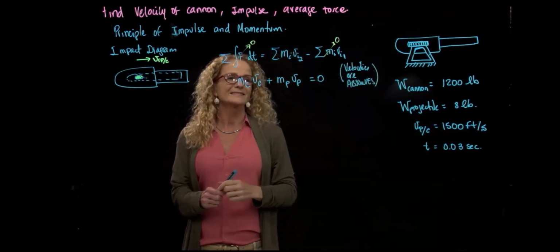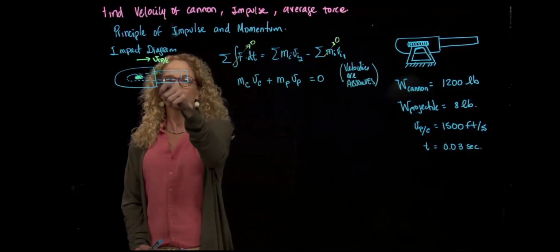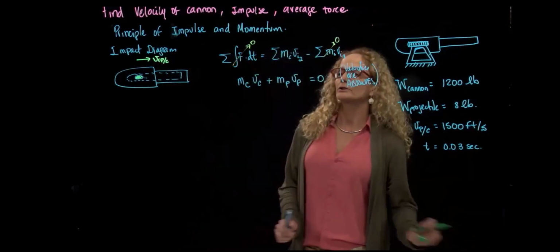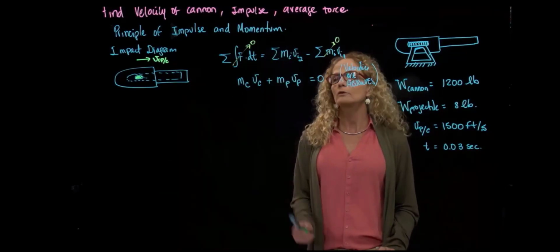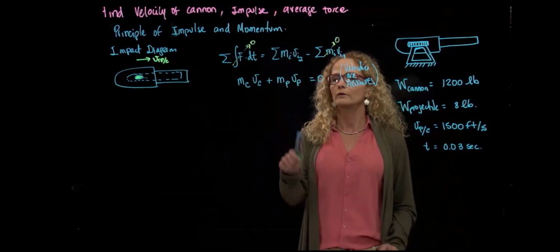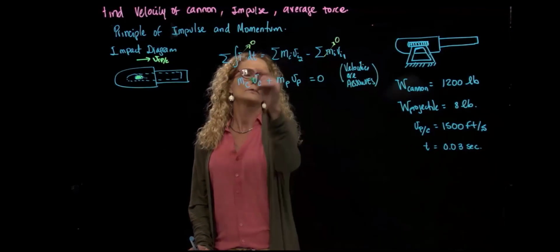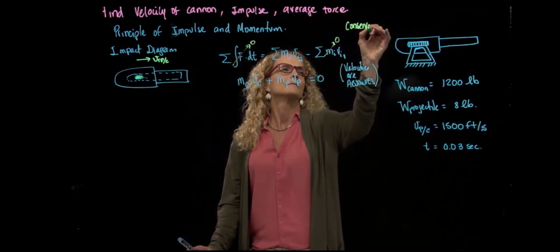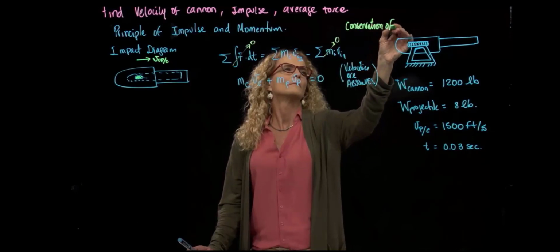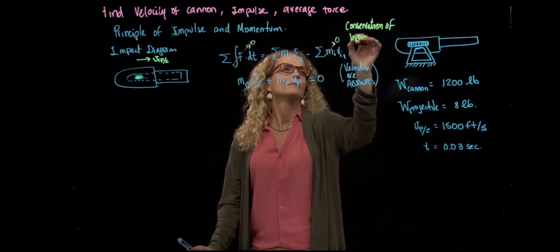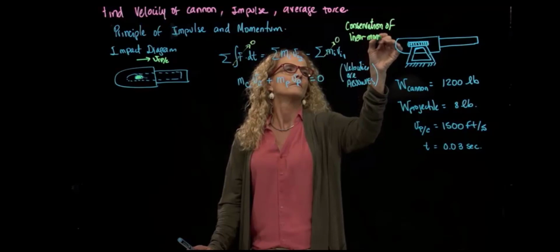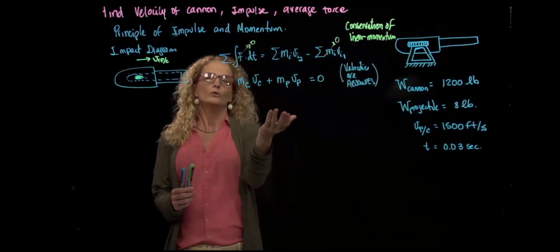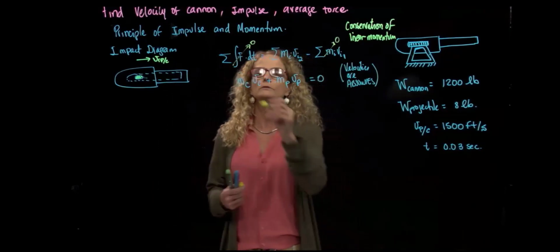What was given was the relative velocity of the projectile with the cannon, but here in our equation of conservation of linear momentum, we have absolute velocities. So this is the equation of conservation of linear momentum, right? And we have here two unknowns. So this is our first equation.